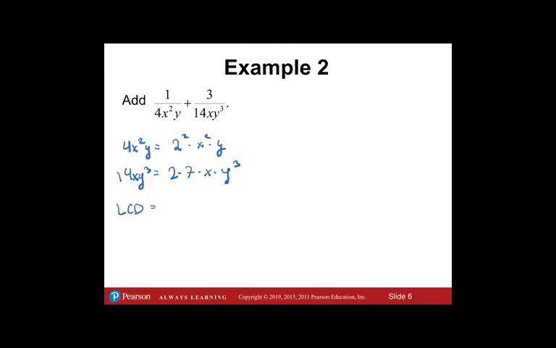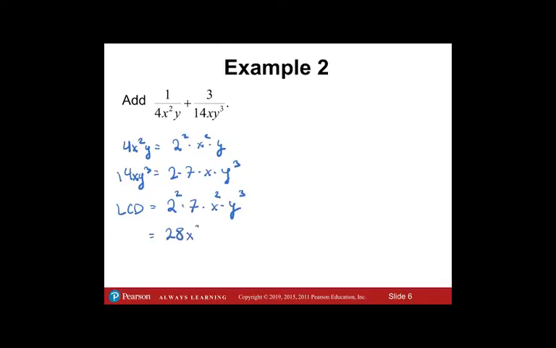That means we need the 2, the 7, the x, and the y. And then we take the highest exponent on any factor within one term. For the 2, the highest exponent is 2. For the 7, it is 1. For x, it is 2. And for y, it is 3.